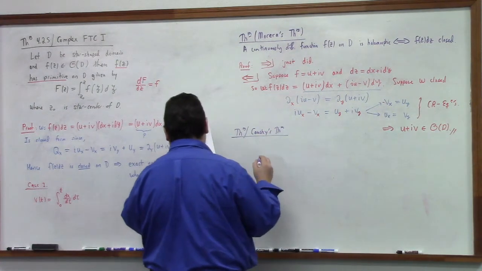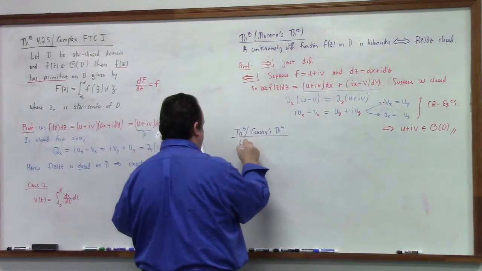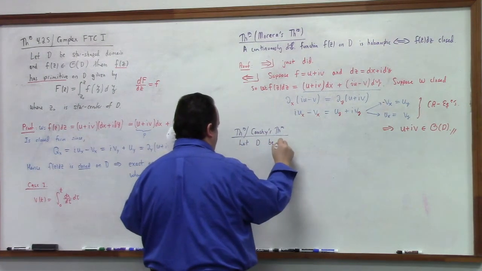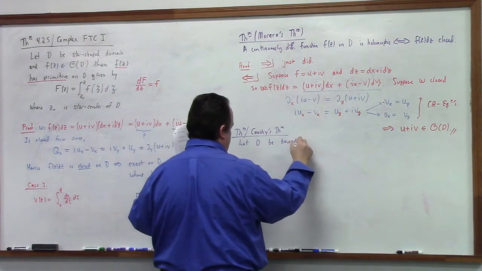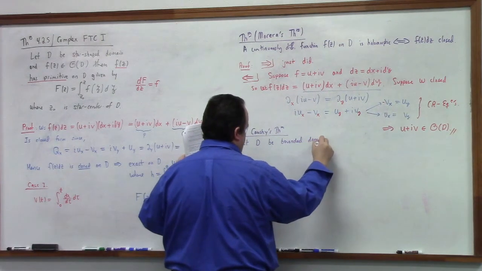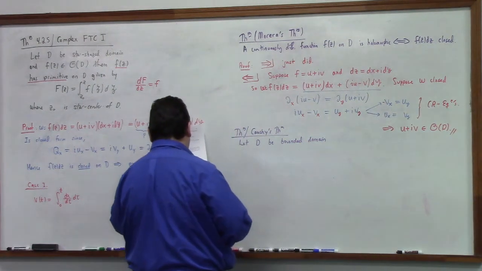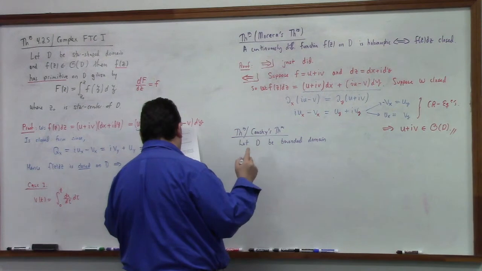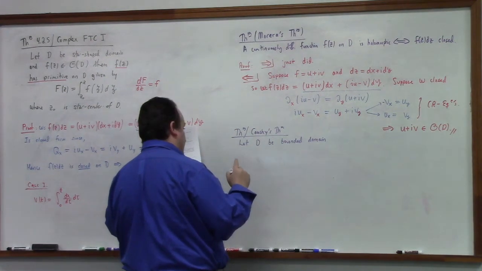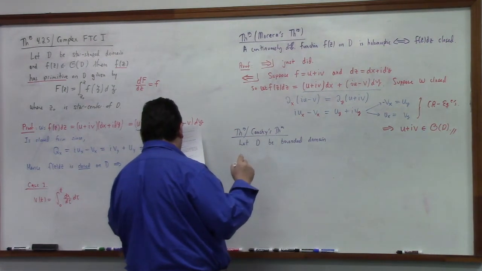Here's what it says. Let D be a bounded domain. What's a domain? A domain is open and connected. It's a bounded domain with piecewise smooth boundary.